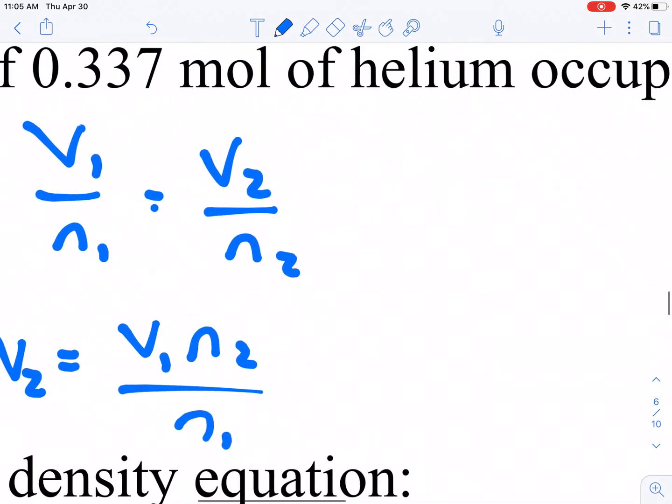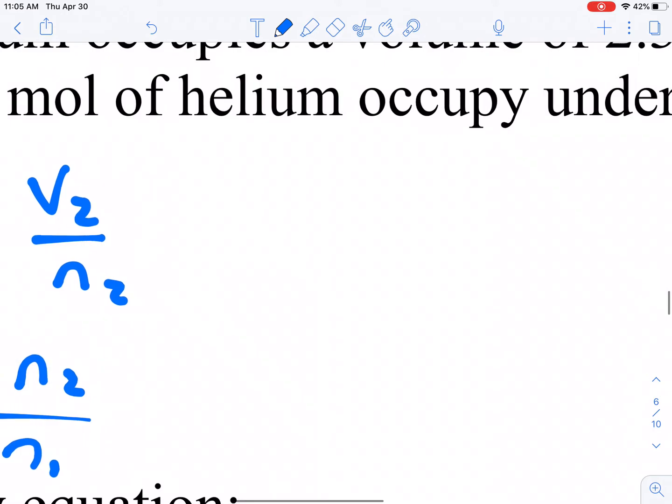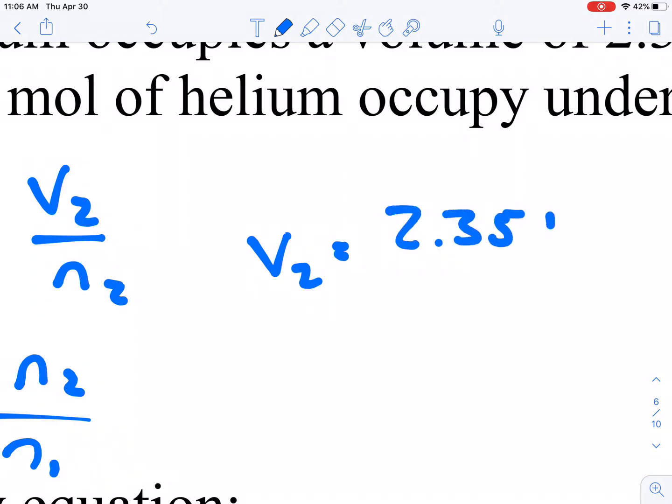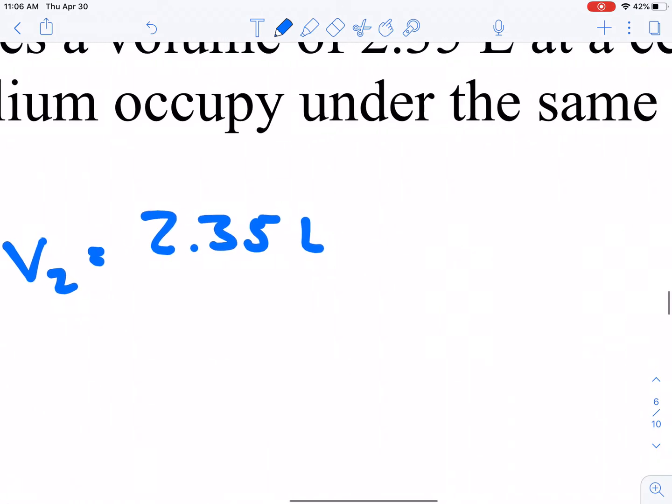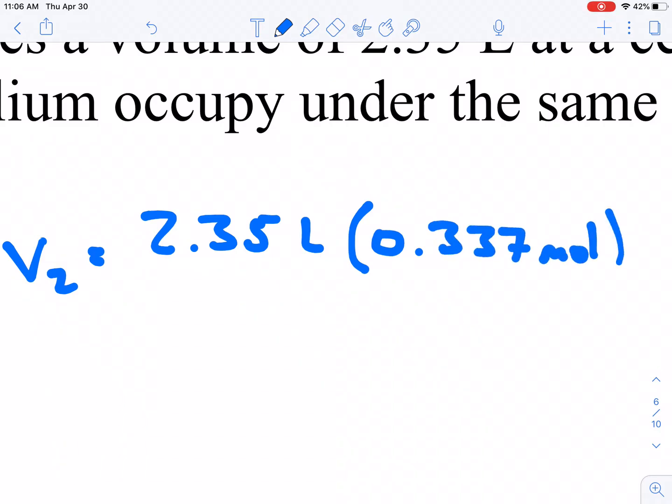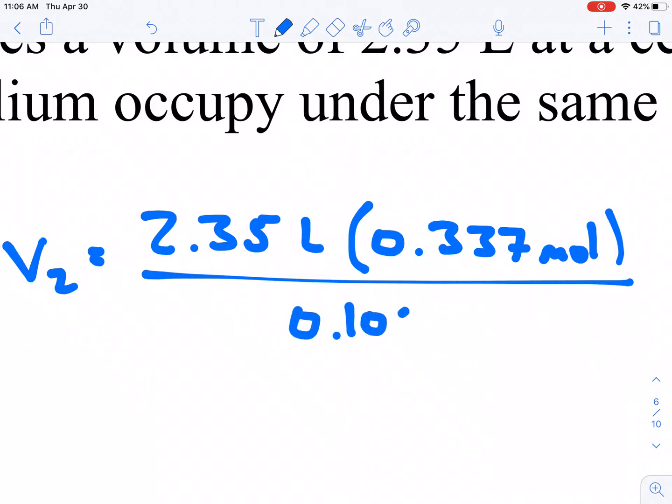We can plug everything in, so that initial volume that we had was equal to 2.35 liters. We're going to multiply that times our final number of moles, which was 0.337, and we'll put that over our initial number of moles, which was 0.105 moles.